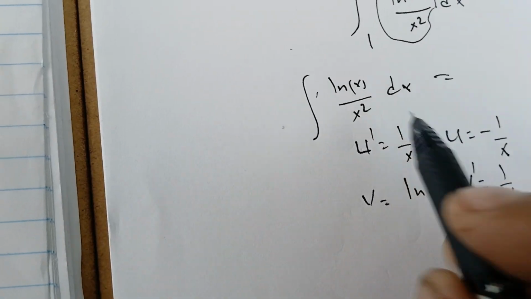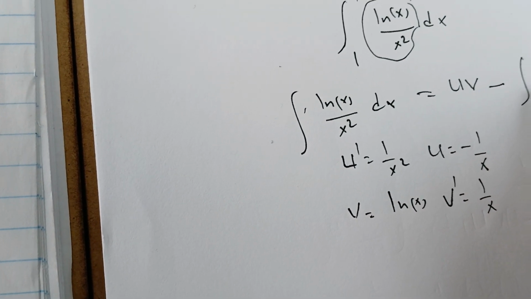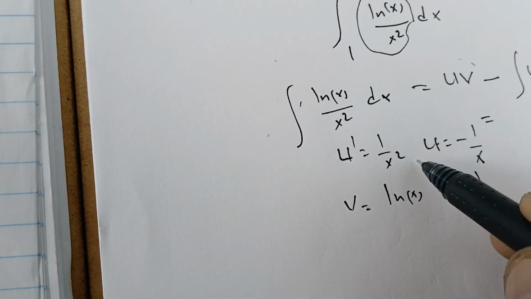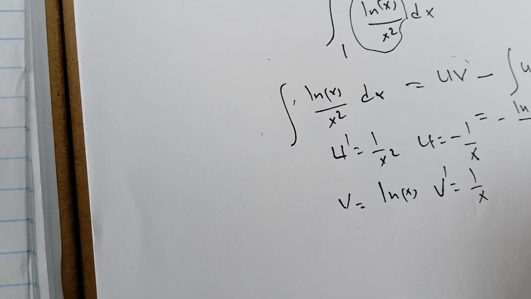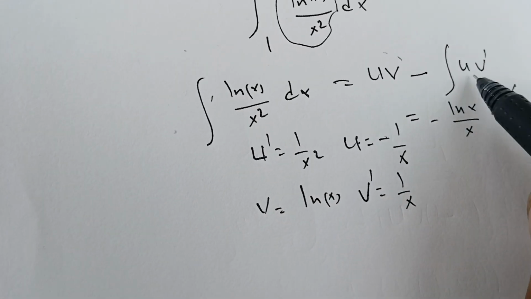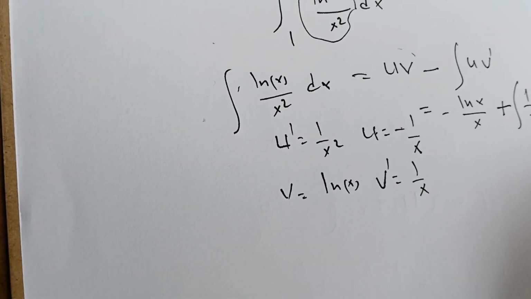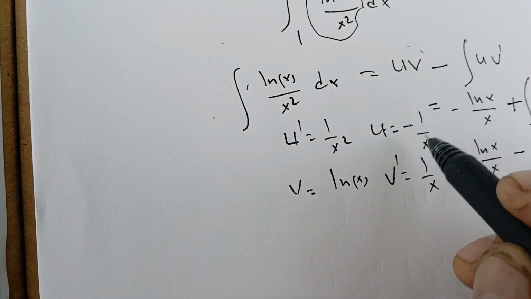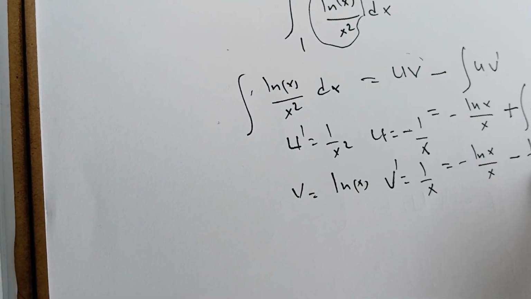Therefore, the integral of u prime v is uv minus the integral of u v prime. This gives us minus ln of x over x, minus the integral of minus 1 over x squared, and that gives us minus 1 over x.